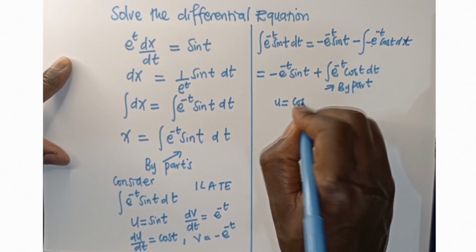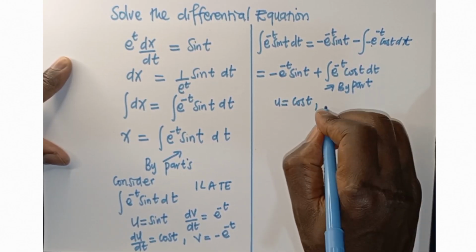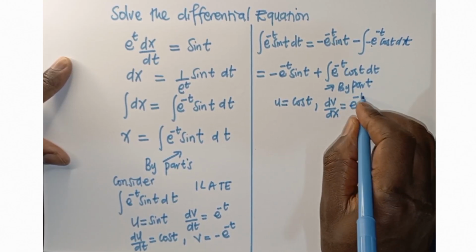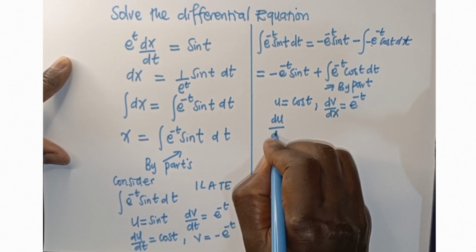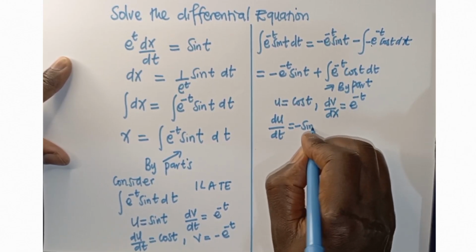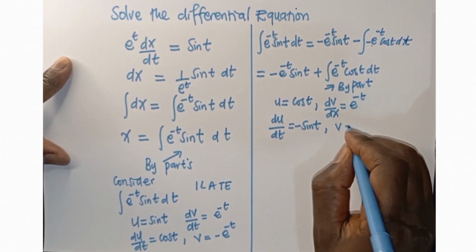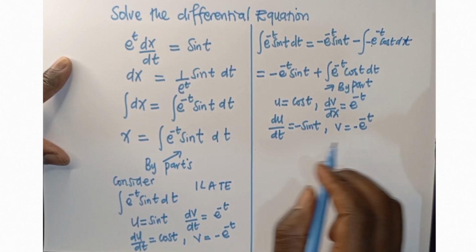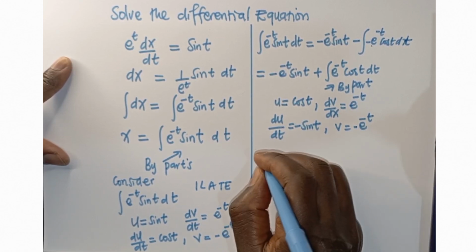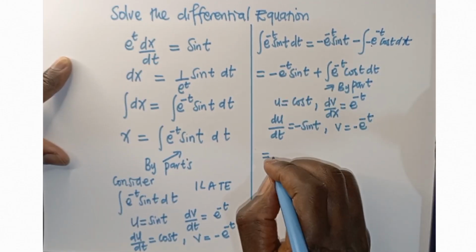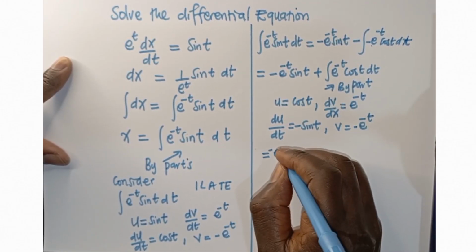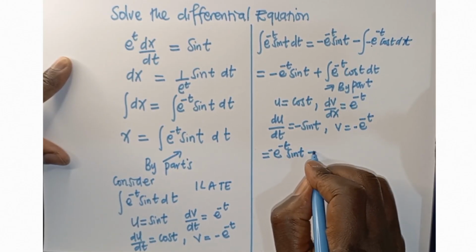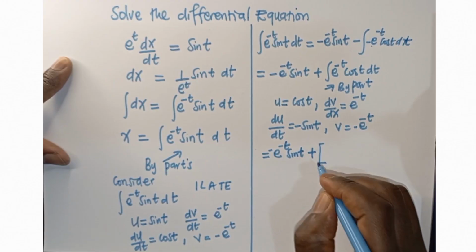So we write u as cos t, and then our dv/dt, we differentiate. This is negative sin t, and then we have our v as negative e to the negative t. So putting them back, we shall have e to the negative t sin t, then minus gives us a plus.